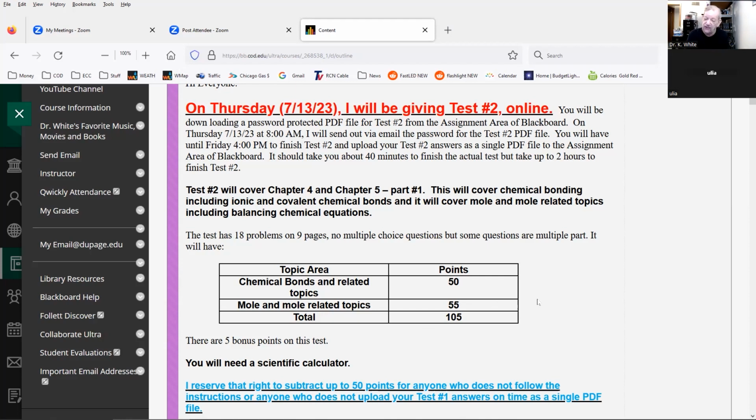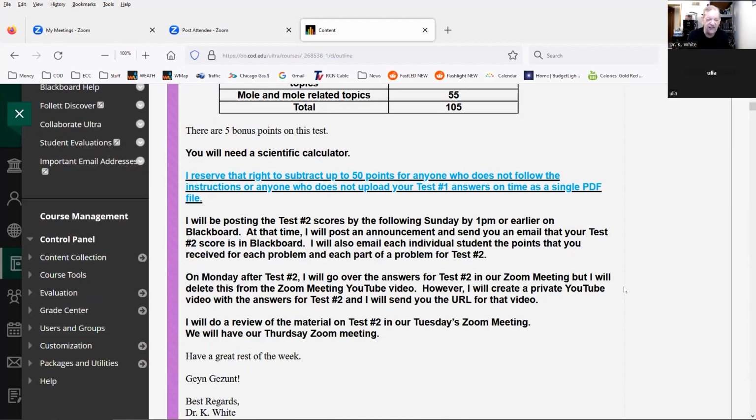There are no multiple choice, but some of the questions are multiple part. It will have 50 points on chemical bonds and related topics, and 55 points on mole and mole related topics, including balanced chemical equations. That adds up to 105 points. So there are five bonus points.